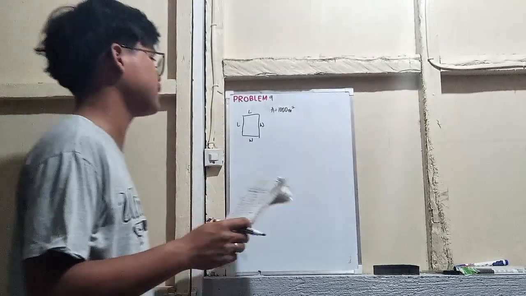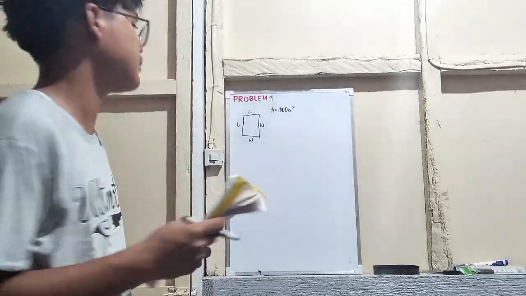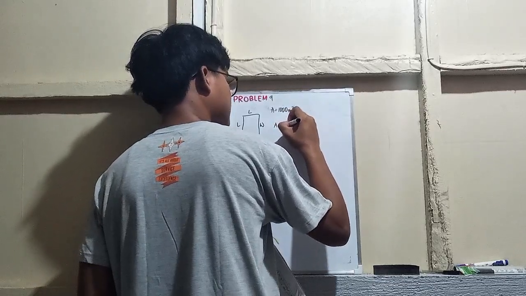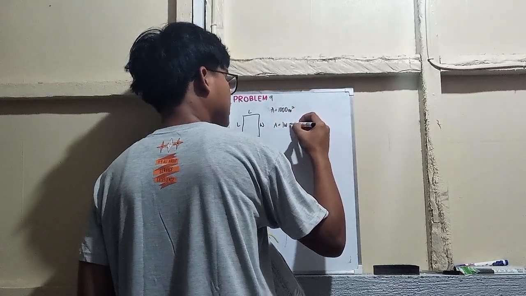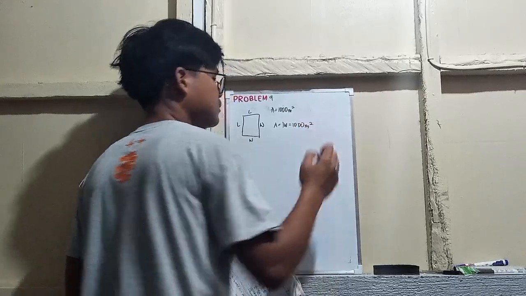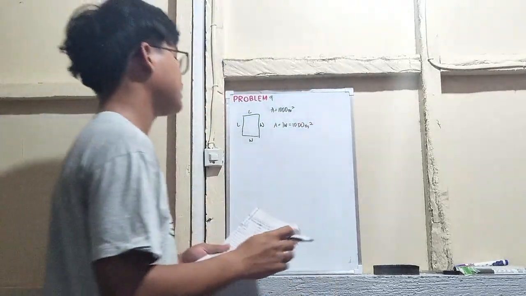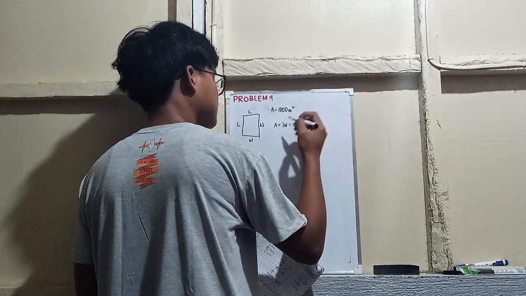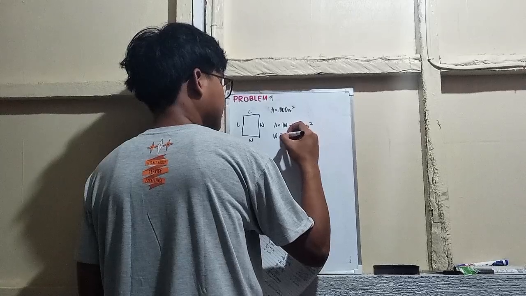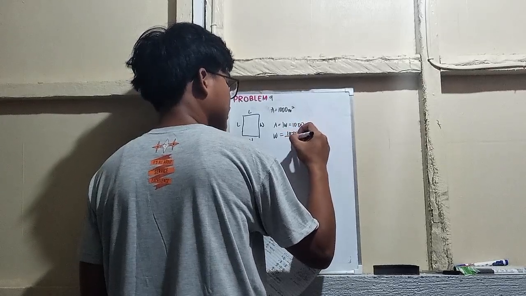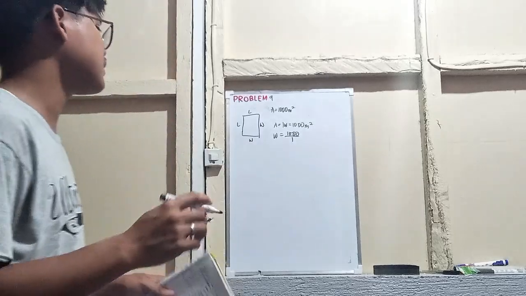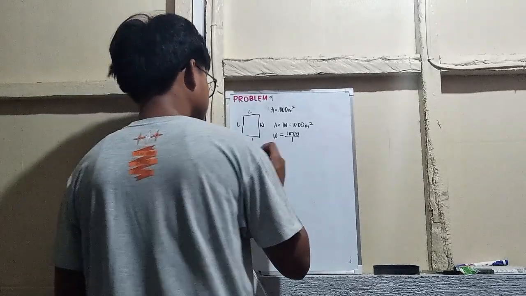We all know that in getting the area of a rectangle, the formula is L times W. We'll equate this with 1,000 square meters. Now we'll manipulate so that we can get the value of W. Transpose the L, so W is 1,000 divided by L.